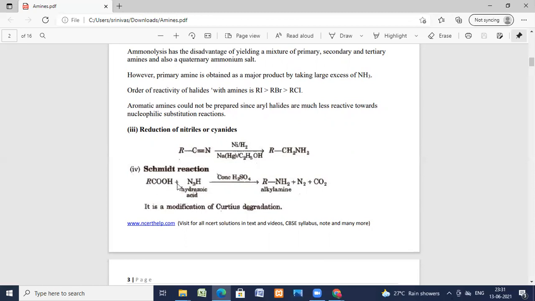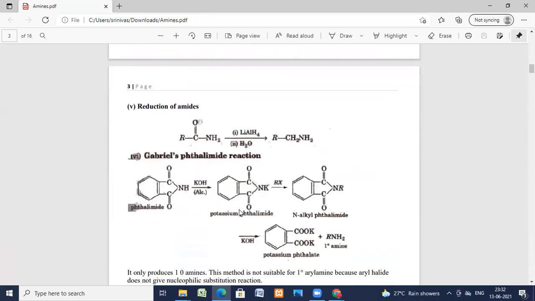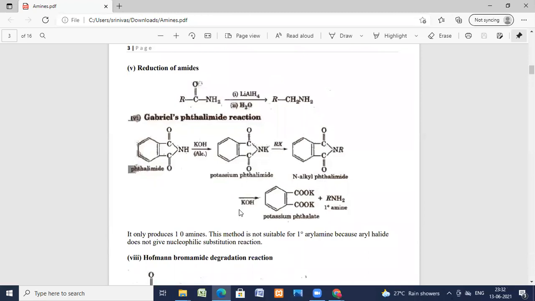Acids on reaction with hydrazoic acid in the presence of concentrated sulfuric acid give an alkyl amine, and nitrogen and carbon dioxide are formed. This is a modified Curtius degradation reaction. This is the fourth preparation of amines.